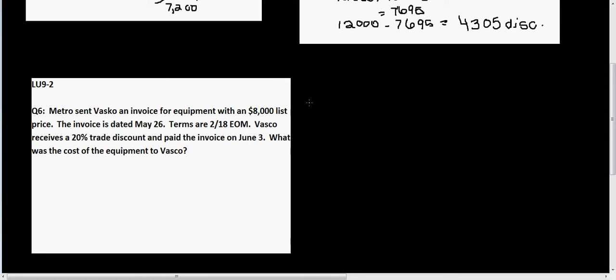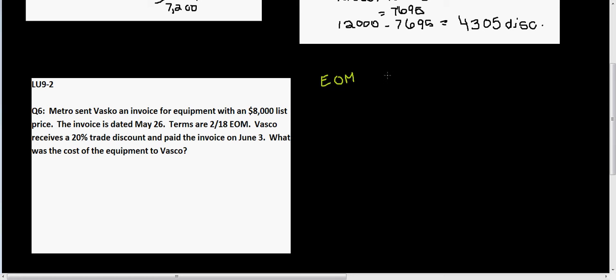All right, the invoice date on here is May 26th, and this is relevant because the terms are 2/18 and EOM. This means it's 2% discount allowed if the item is paid 18 days after the end of month. All right, here's the catch. What does end of month mean? It depends on the date.